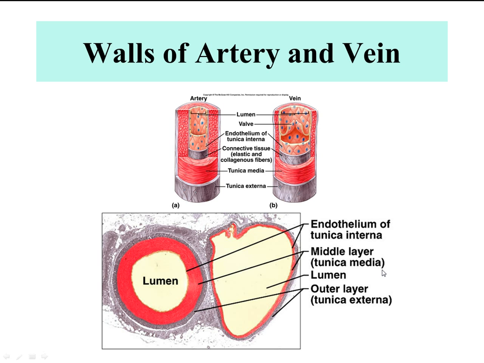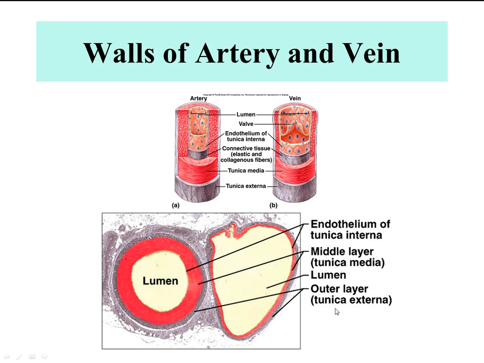The middle layer is the bulk of the arterial wall, made of smooth muscle fibers with a little elastic connective tissue. It encircles the tube. Look how thick it is on the artery wall and how much thinner on the vein walls. The elastic connective tissue gives it stretch and recoil.